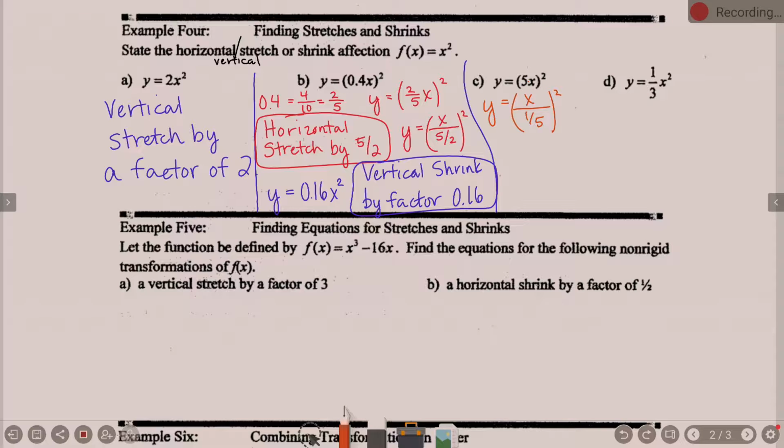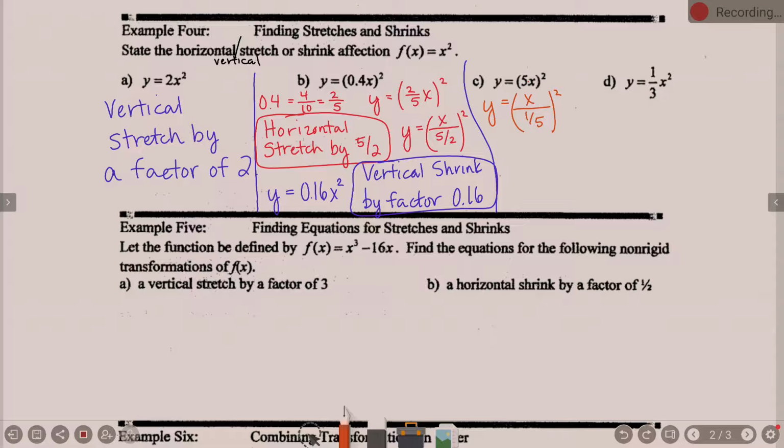So anytime that you see that in parentheses, you're going to be thinking horizontal and using the reciprocal, because it's there with the x, it hasn't been squared yet. Okay, so what is this one? If it's x divided by 1/5 quantity squared, would it be a horizontal shrink by a factor of 1? Yeah, 1. Or could it be a vertical stretch by a factor of?